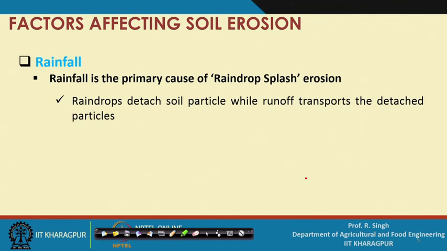And obviously, that splash means there will be detached soil particles all around the surface wherever raindrop impact has taken place.